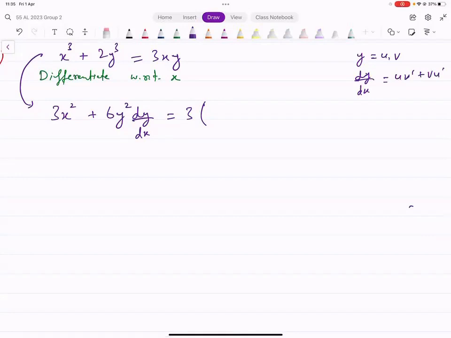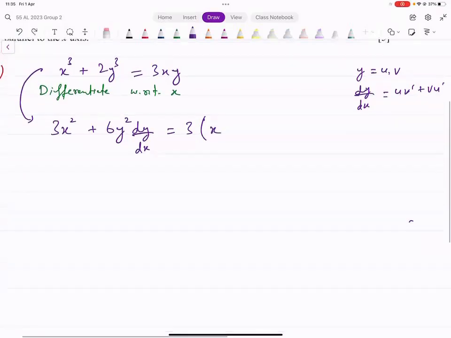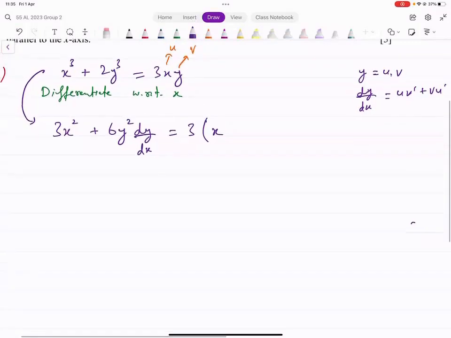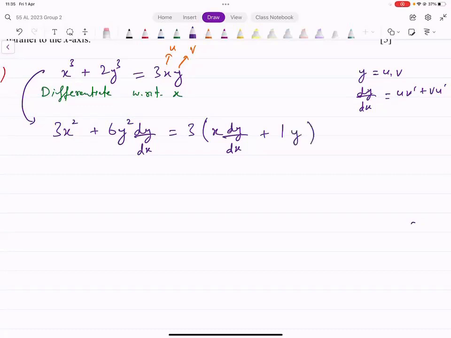X into y. X को as it is रहने दें, वो आपका u है. I'm calling this u, this v. X as it is into derivative of y. Y के derivative dy over dx plus the derivative of x, which is 1 into y as it is, which is just y.